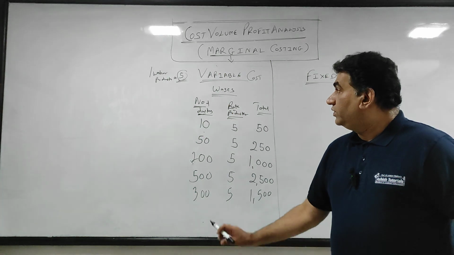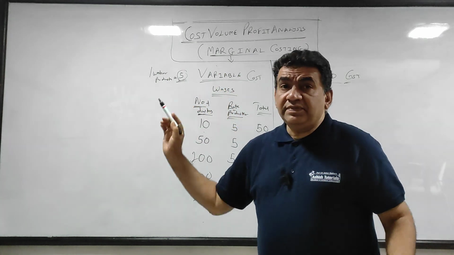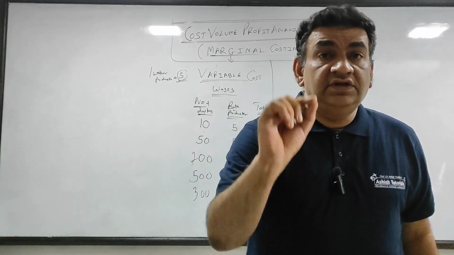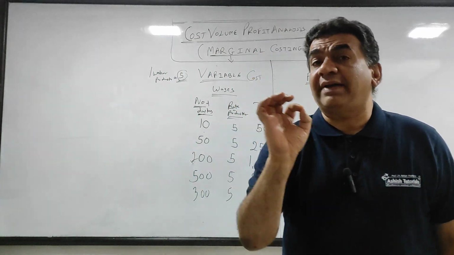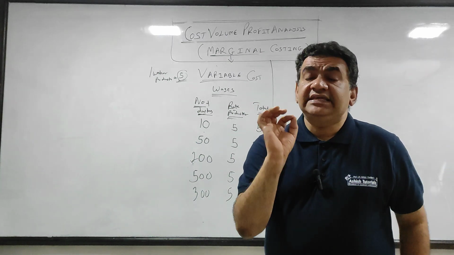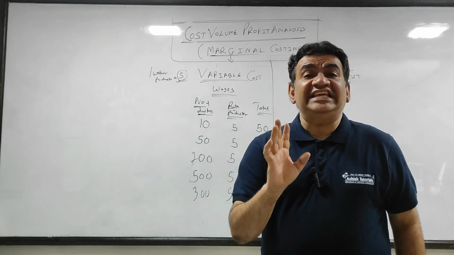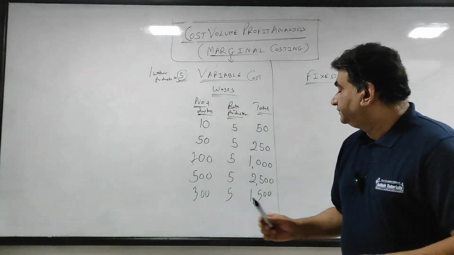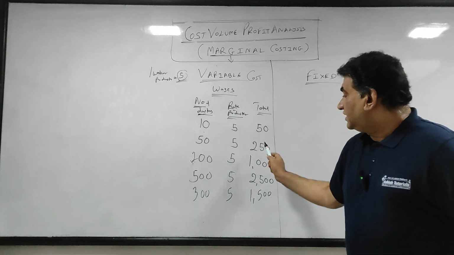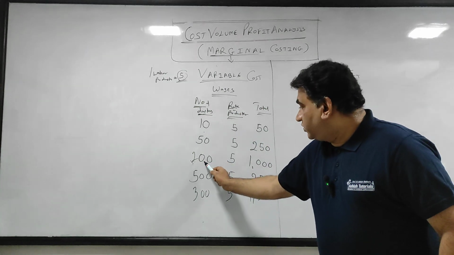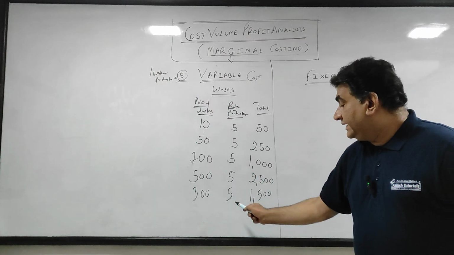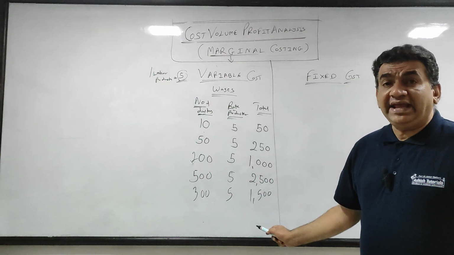Now listen. Variable cost. What I told you? 5 rupees is the cost given to each worker for each duster manufactured. Now see, 10 dusters gave 50, 50 dusters gave 250, 200 dusters gave 1000, 500 gave 2500, 300 gave 1500. Why?